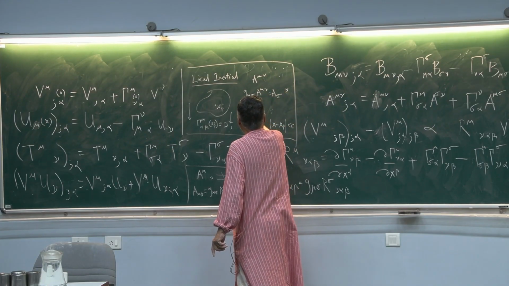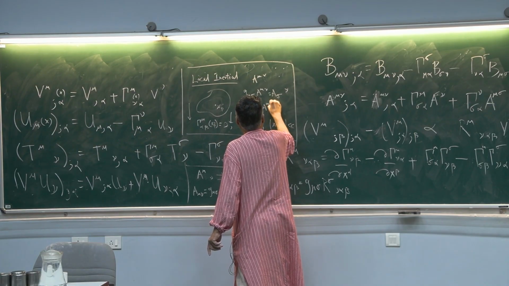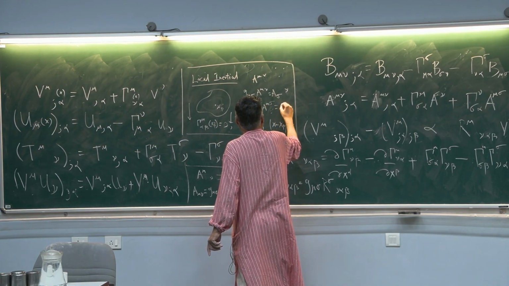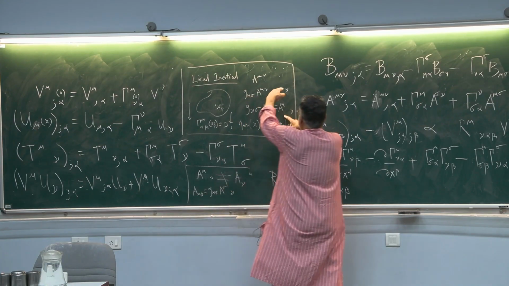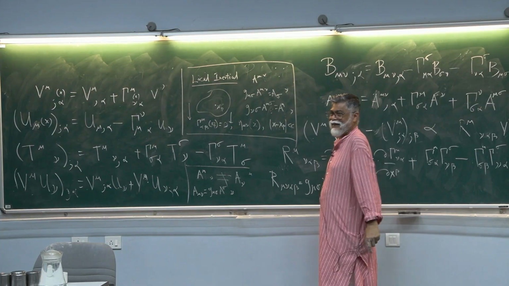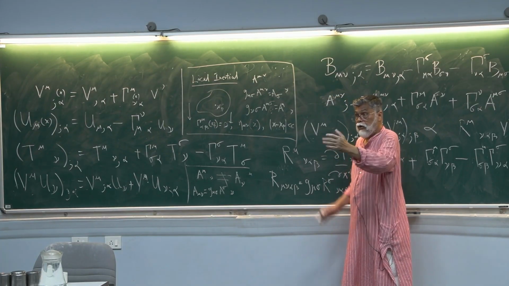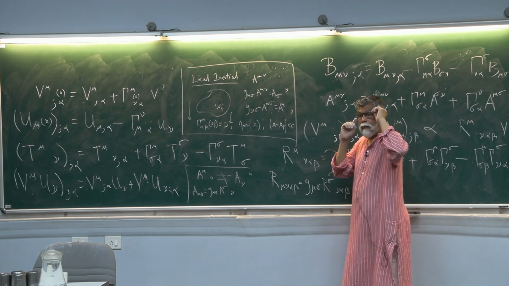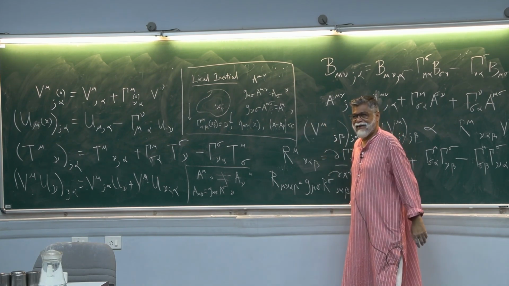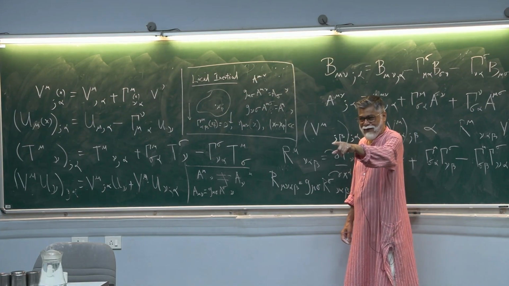If I do that, G nu sigma A mu sigma, it will be A mu nu. These two things are different. So it's not a silly question, it's very important to know where you have placed the indices. Otherwise you'll make errors. Okay? I hope I have cleared the, yeah.